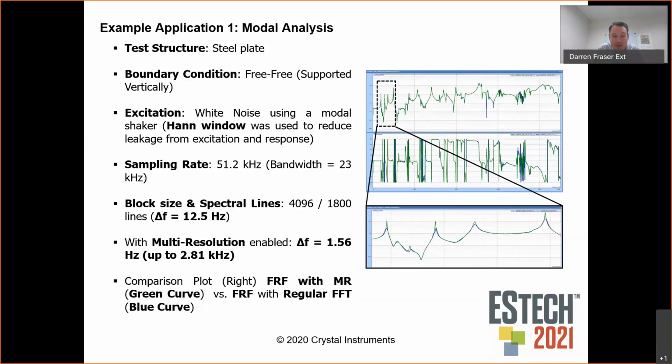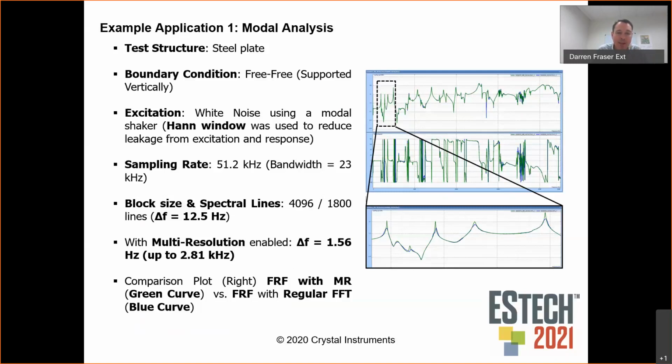What you'll see off to the right-hand side is two plots. The upper plot has the magnitude and phase of our modal test. And what I'm calling out there is I'm just circling the lower half of this test, from about 500 hertz, I don't know if you could see that, all the way up to 2.8 kilohertz, so the 2,800 hertz section.